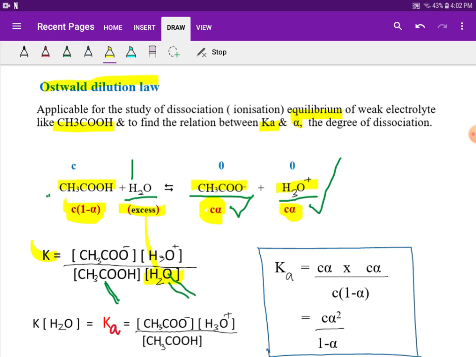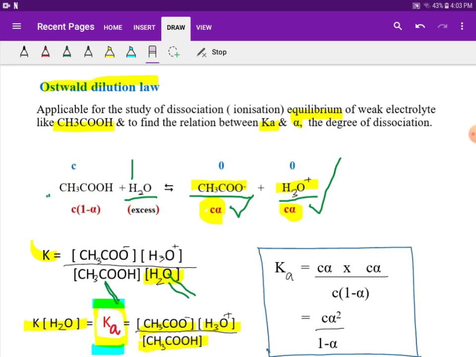So we can rearrange the equation, that is K into H2O now becomes equal to Ka, the dissociation constant of the acid. Now the ionization constant is known as the dissociation constant of the acid, that is Ka equal to the concentration of CH3COO minus into the concentration of H3O plus divided by the concentration of undissociated acetic acid.